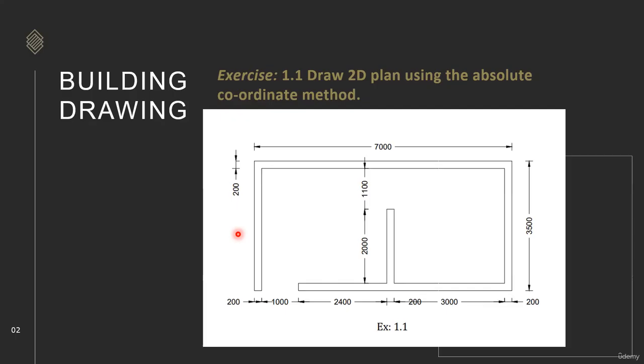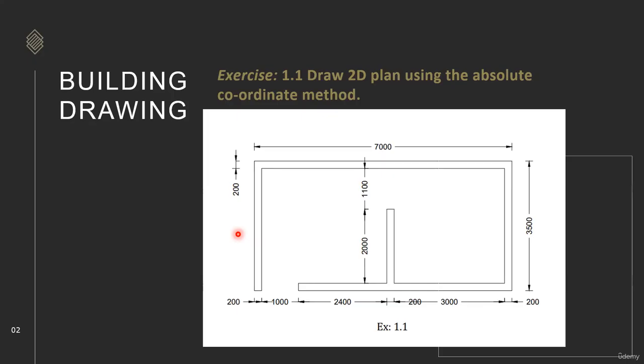But in all these plans we are going to use the tools only, not the coordinates, because using coordinates is slow, and for multi rooms it is difficult to complete the plans, sections and elevations.